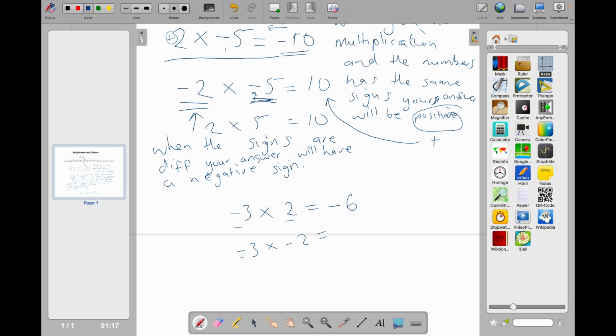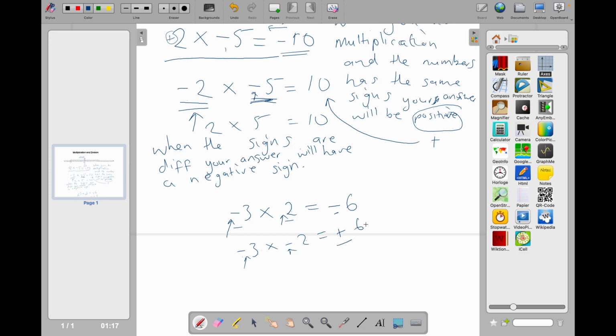Here our signs are the same, so our answer is positive, and to multiply 3 by 2 we have 6. Okay, so this is easy, you just keep in mind that if the signs are different, it's negative. If the signs are the same, it's positive.